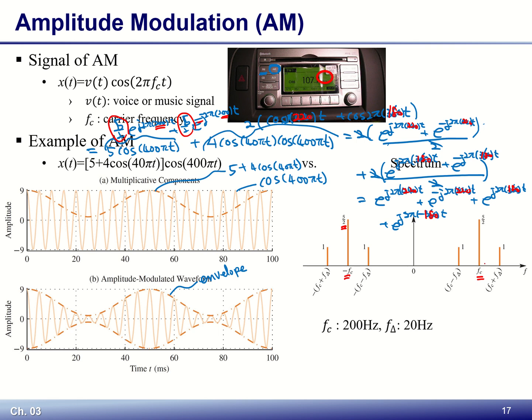So here will be 180, 200, 220. It's 1. So 1, minus 180 is 1. So minus 220 is 1. Okay. Thank you.